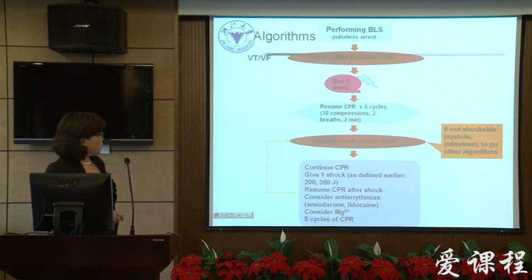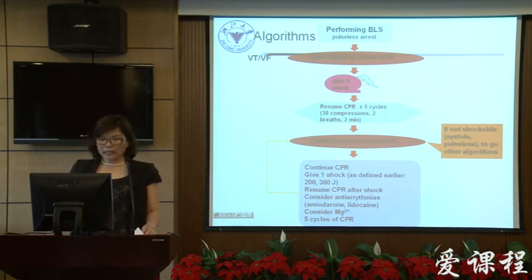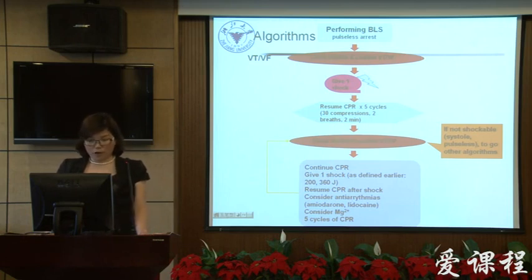Then resume CPR for 5 cycles, that is 30 compressions and 2 breaths, 2 minutes. And then you check the rhythm, confirm if there is ventricular tachycardia or ventricular fibrillation for the patient.